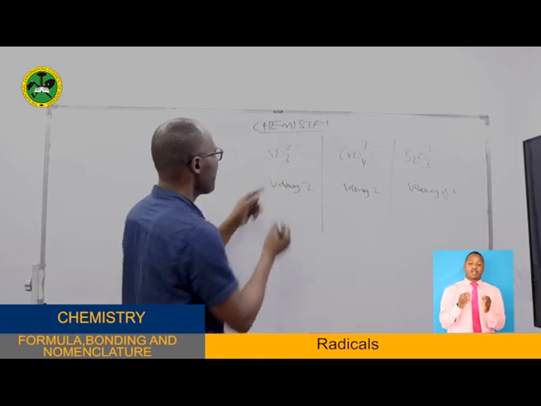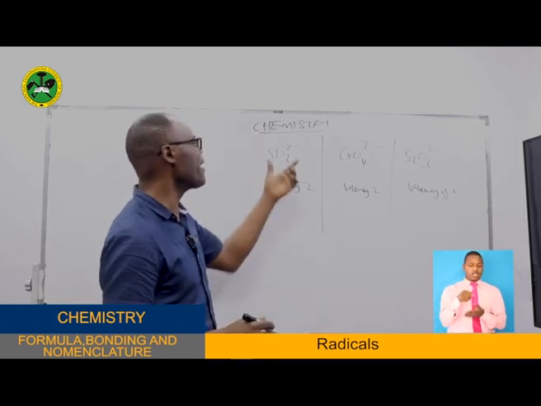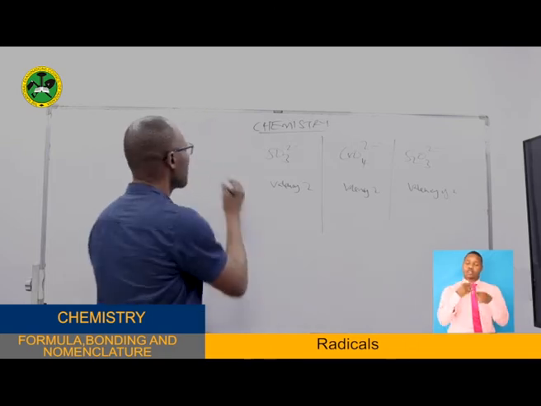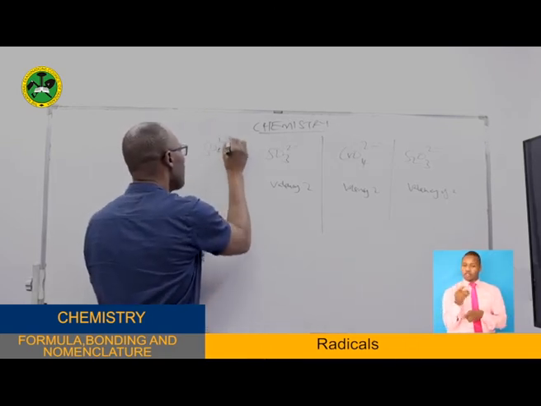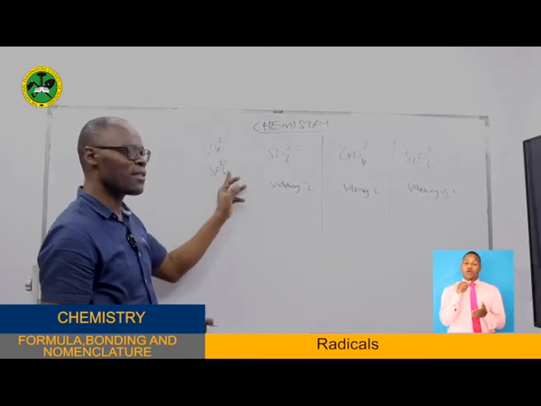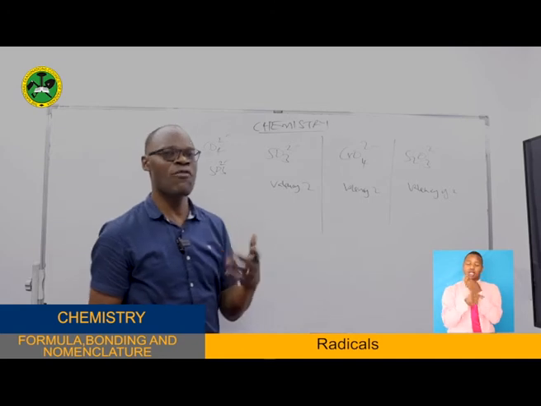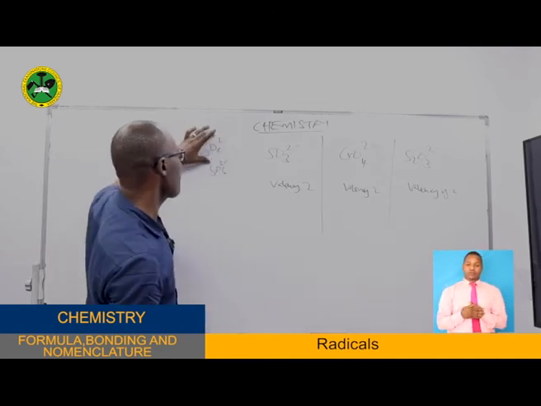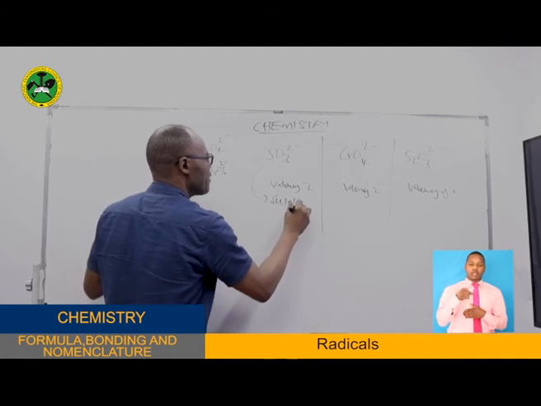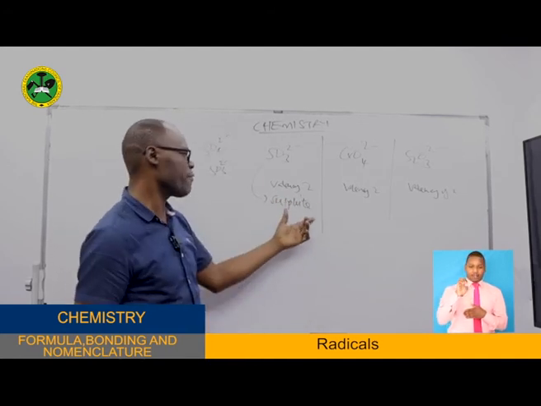So this one, SO3, like I said, is different from SO4. I hope you remember I wrote something between SO4 and SO3, because many students confuse these two things. Whenever they see SO, they think of a sulfate. This one is a sulfate, but this one is a sulfite. So this one here is called a sulfite and not a sulfate.